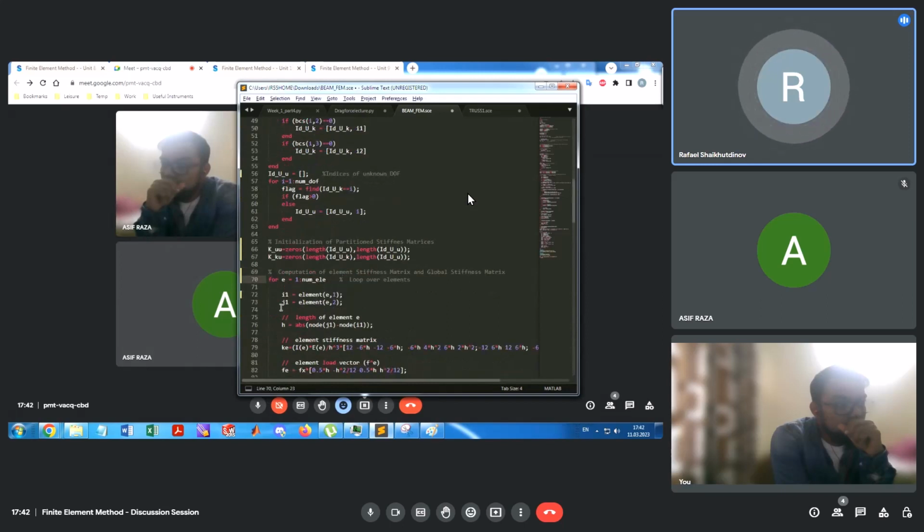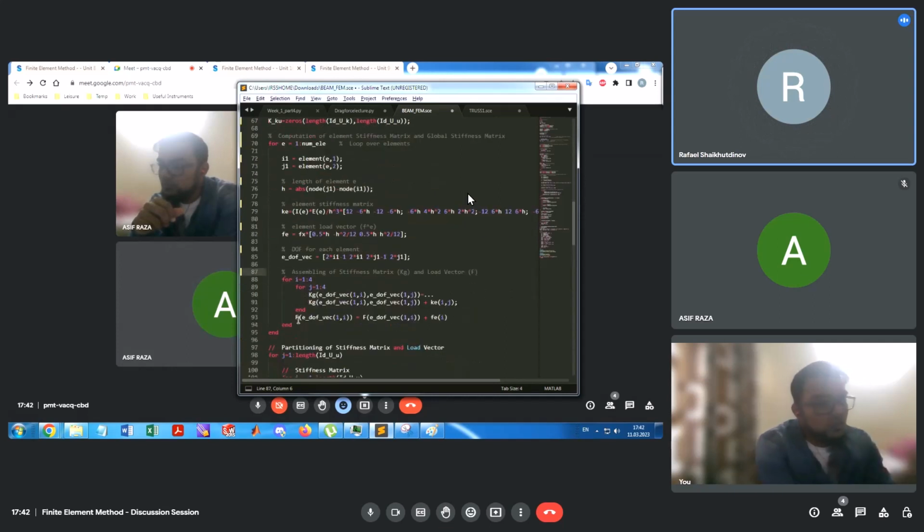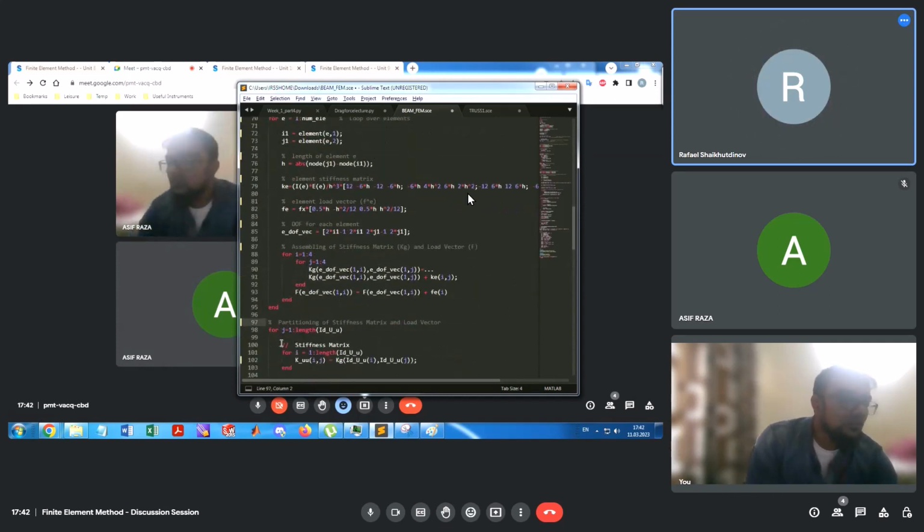Abraham asked me, "Should we know how Scilab works?" I tried to explain to her that we actually need to do it in MATLAB, because Scilab is just a free version of MATLAB.